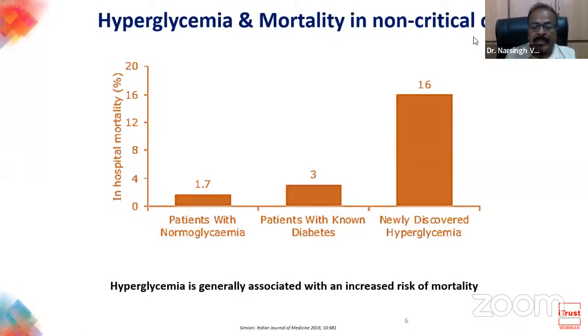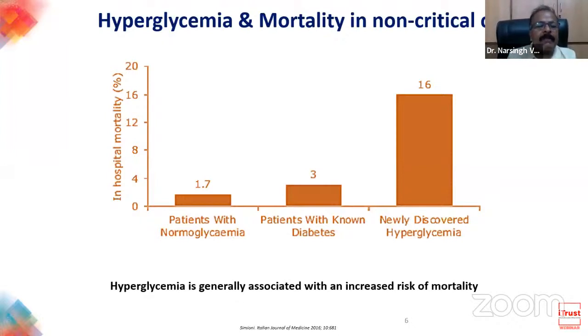Hyperglycemia is generally associated with increased risk of mortality. So whenever there is hyperglycemia, mortality will definitely rise. So we have to manage hyperglycemia, and it has also been seen that in ICU setup or in emergency setup, those patients who were not diabetic but having a little bit of hyperglycemia were also having high mortality. So glycemia per se has an association with mortality.